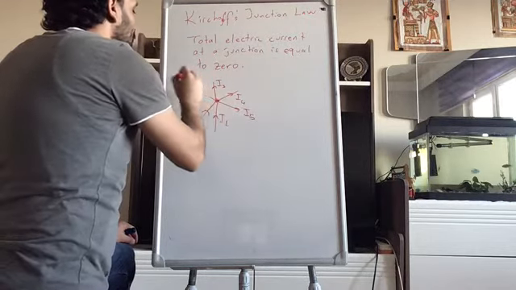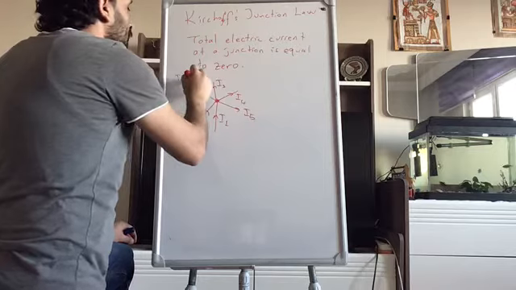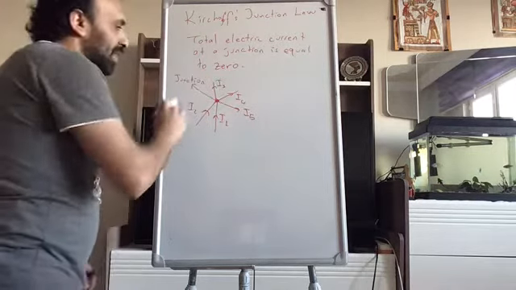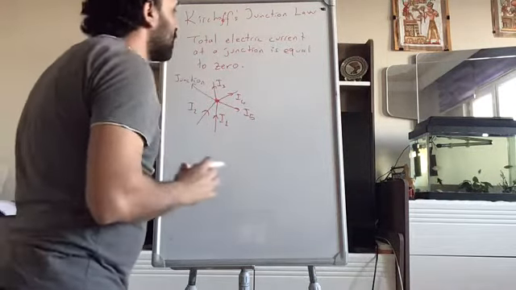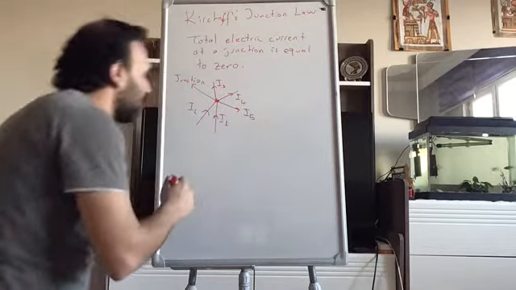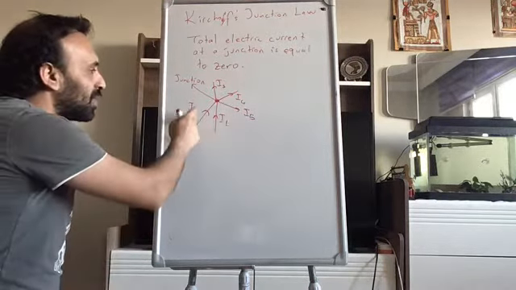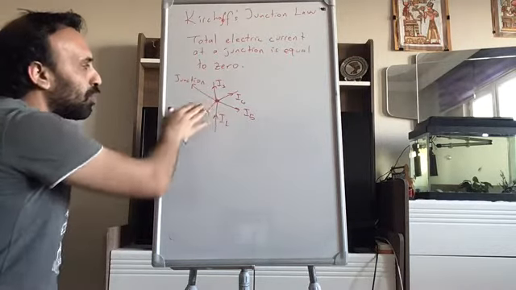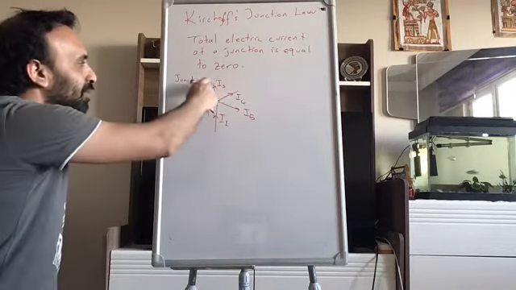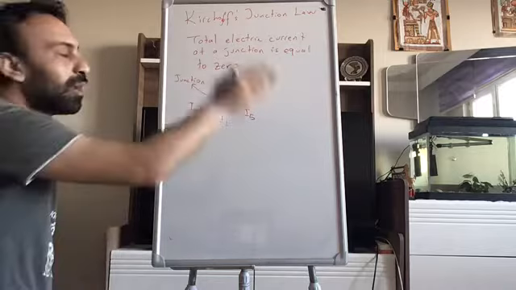This is a junction. It says if I sum up all these currents, it has to be equal to 0, but how? We are going to assign some signs, like positive signs for the currents coming to the junction and negative signs for the currents going away from the junction.